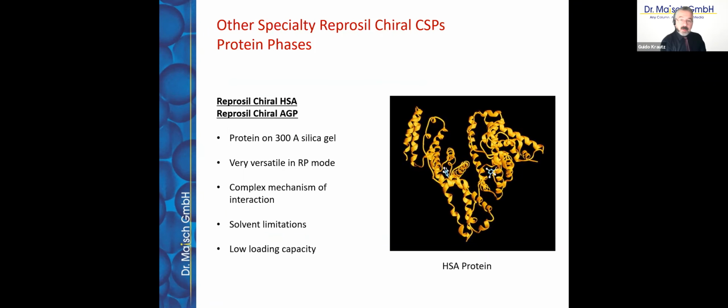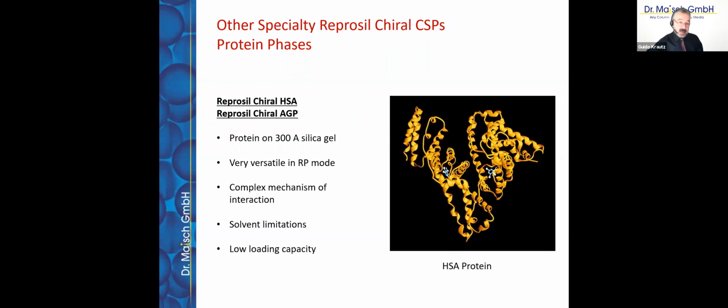At Dr. Maisch, we also sell a couple of other specialty chiral stationary phases, which are not polysaccharide phases. I've mentioned at the beginning protein phases. We have these two protein phases, ReproSil Chiral HSA and AGP. Here a protein is immobilized onto 300 angstrom silica gel. These phases are very versatile in reverse phase mode.